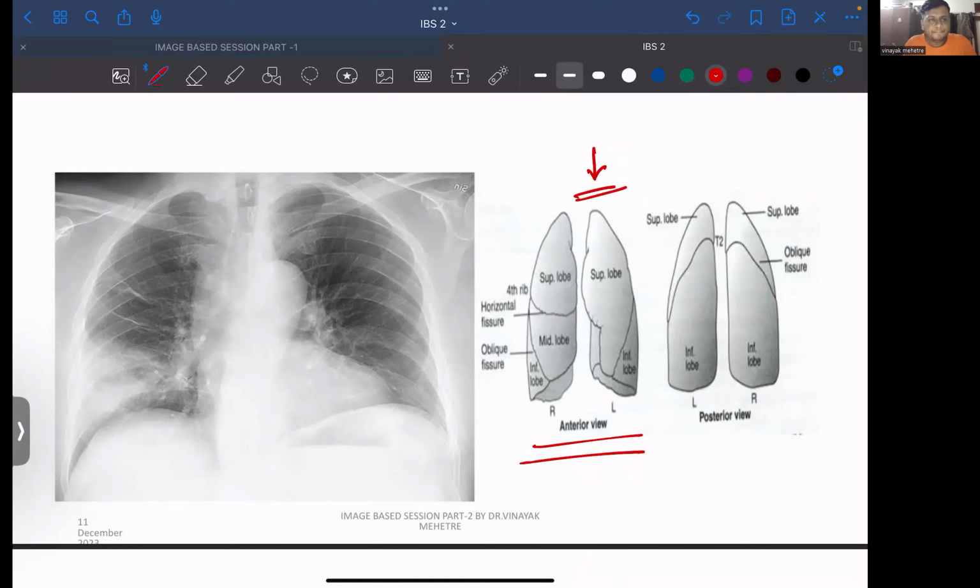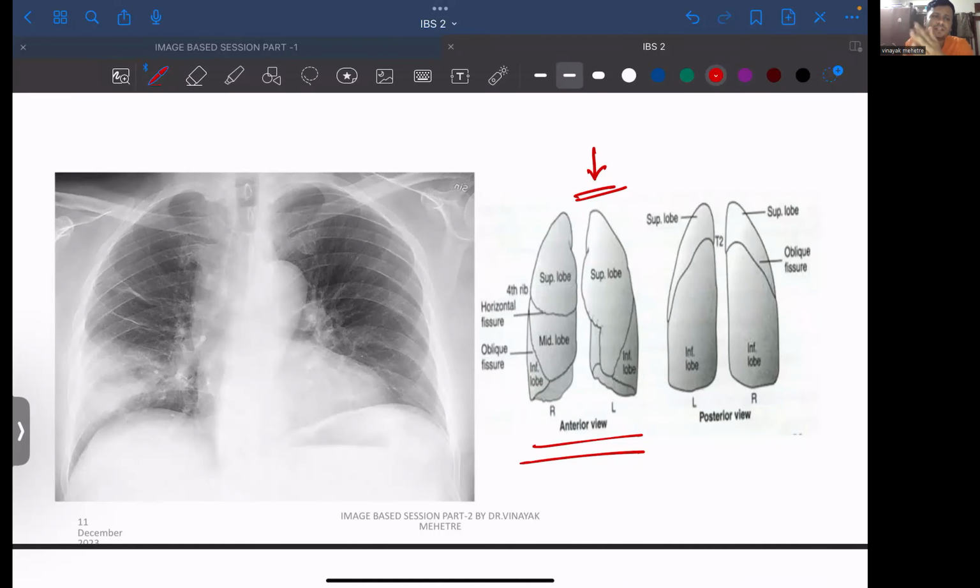This is a PA view, meaning from the back side to the front side. The X-ray we are seeing is actually taken from the back side, so you need to remember the lobe as seen from the back. In anatomy they teach lobes: right upper lobe, middle lobe, inferior lobe. So you have to remember those lobes. There is no trick to remember. Now I will try to revise.